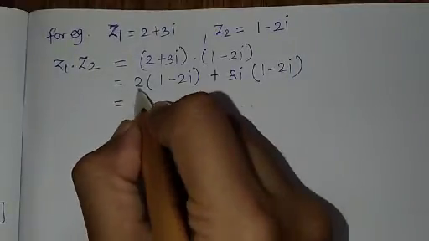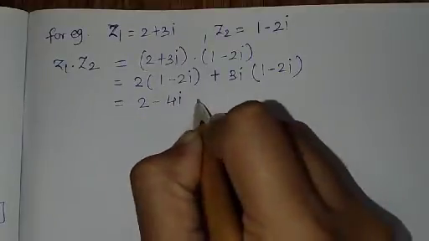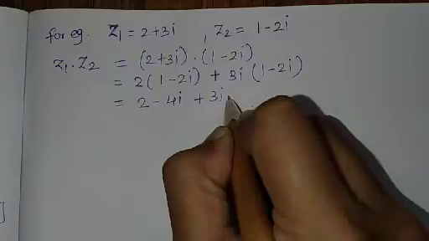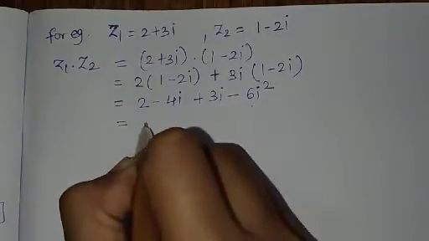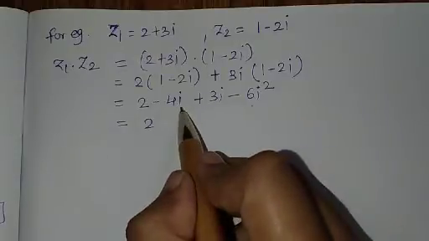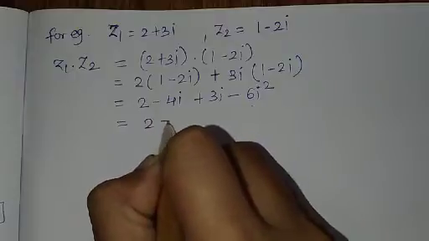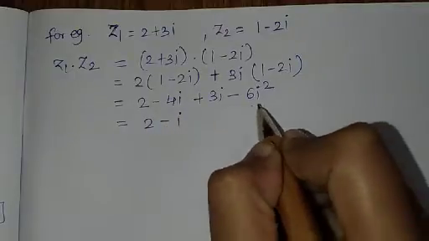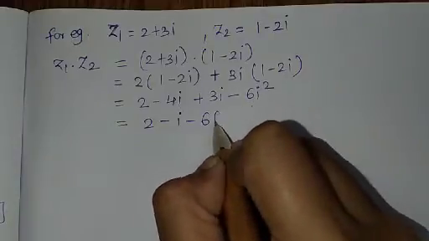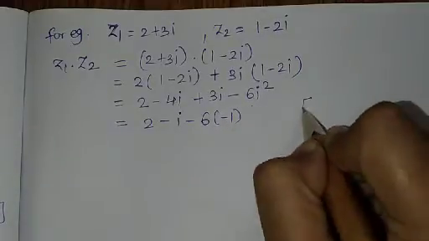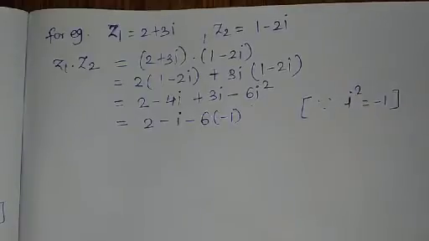So therefore 2 into 1 is 2, minus 4i plus 3i minus 6i square, which is equal to 2. This minus 4i plus 3i will give minus iota, and this minus 6 into iota square is nothing but plus 6, since iota square is equal to -1.